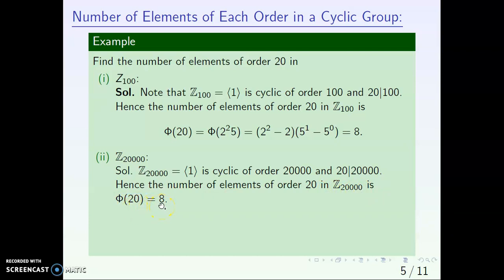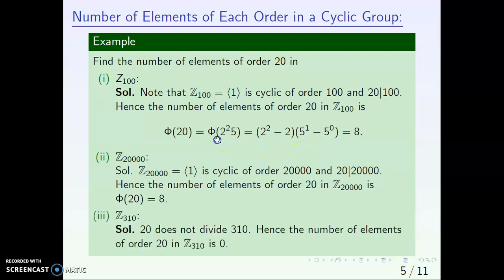Maybe sometime you know in the last lecture, now you can calculate. For example, here you know the number of elements of order 20 in Z100 is 8. What are they? 8 power 1, 8 power 3, because the GCD between 3 and 20 equals 1. 8 power 3 means 8 plus 8 plus 8.